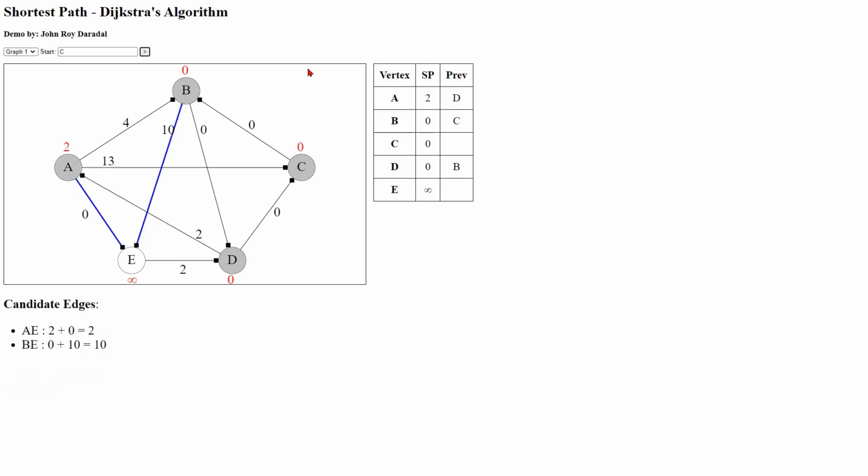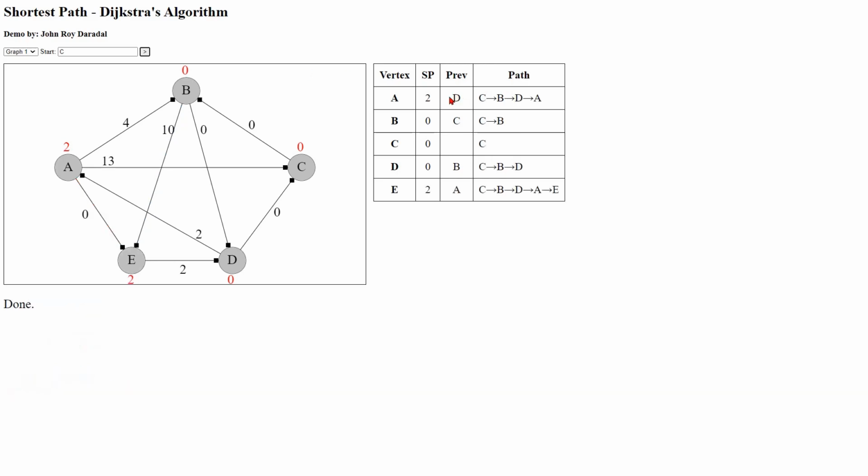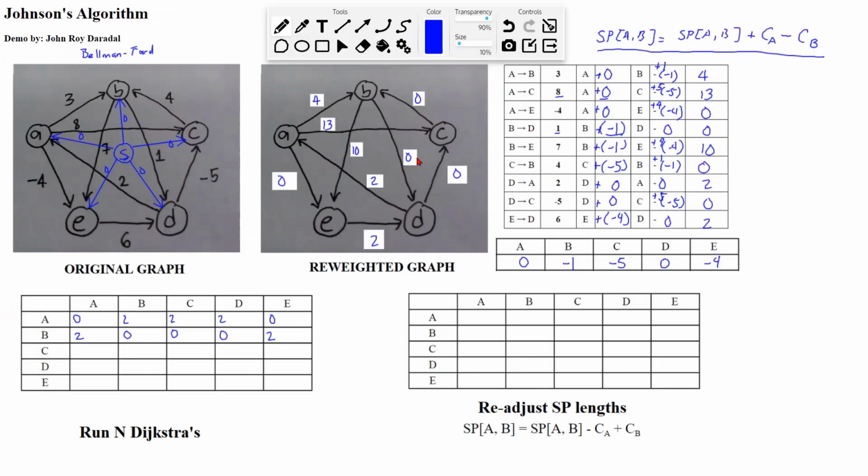Okay, and then after that same thing, you have E with 2. So it's also the same, 2 0 0 0 2. Let's write that here, 2 0 0 0 2.